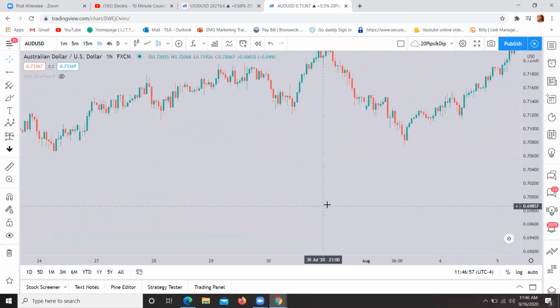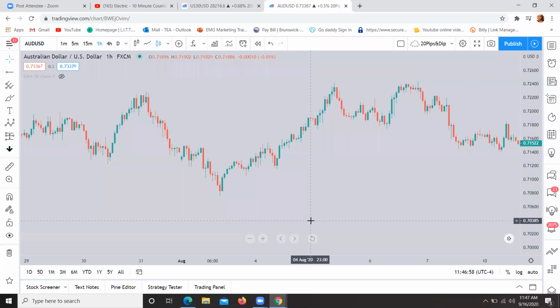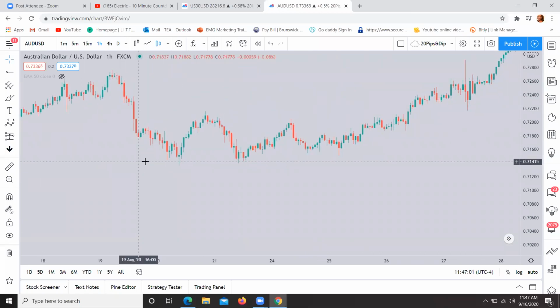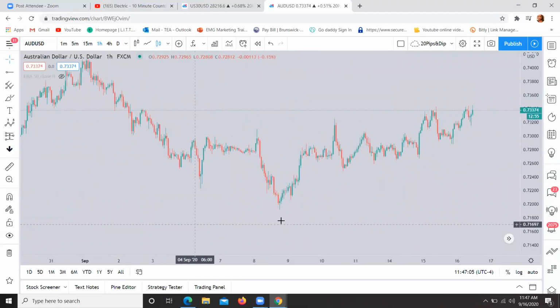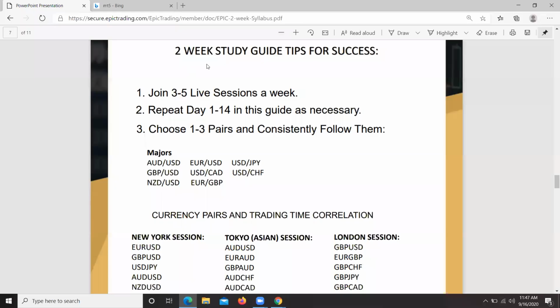It does it over and over and over every single day, which is why when you master this concept, when you actually start to study this, you start to make really good money because you understand what it is that you're trading. One of the suggestions that I put inside your 2-week study guide tips for success is choose 1 to 3 pairs and consistently follow them.